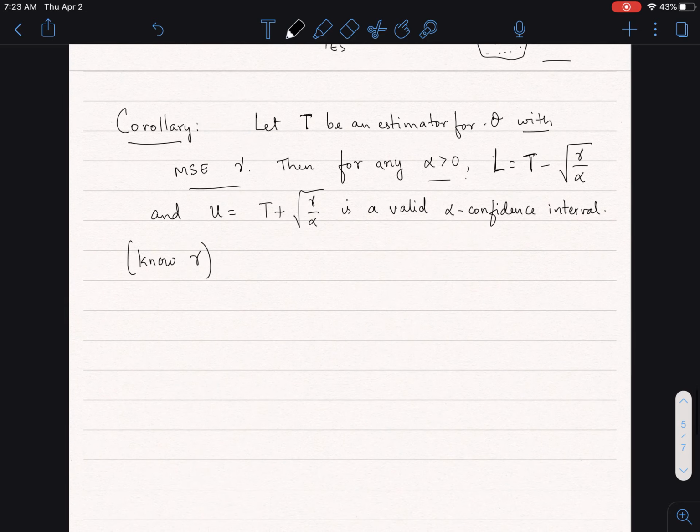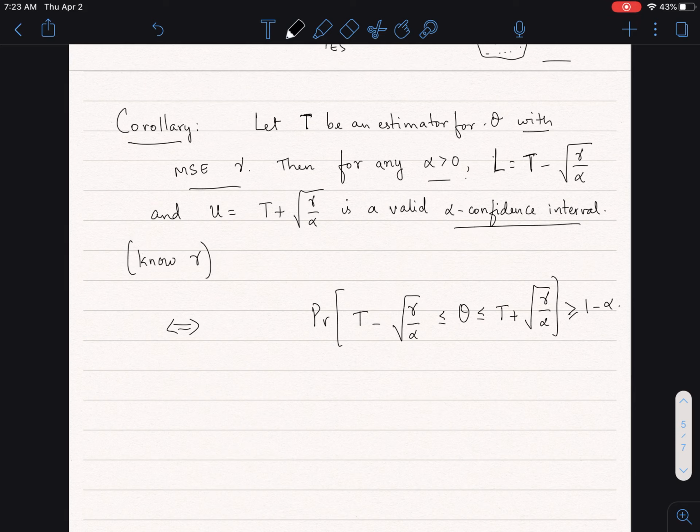If you remember, confidence intervals were parameterized by this alpha. What this is equivalent to saying is that the probability that theta belongs to this interval, T minus root of gamma by alpha and T plus root of gamma by alpha, is more than or equal to 1 minus alpha.